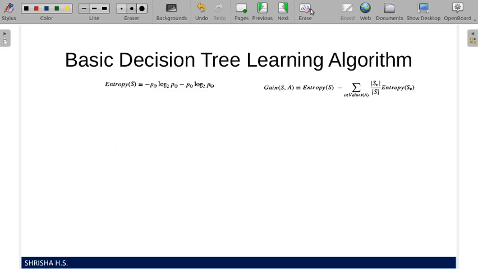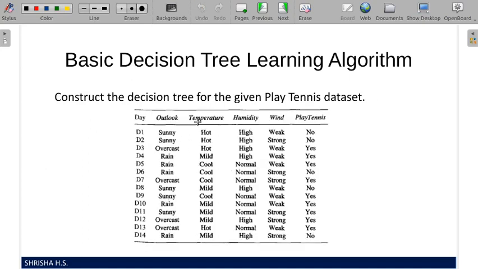Now let's continue and go for the entropy of rain, where our instances have outlook value rain. Let's see the table here. We have 1, 2, 3, 4, 5, a total of 5 instances.